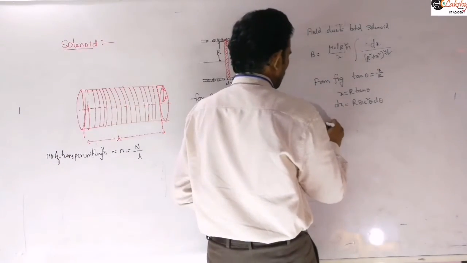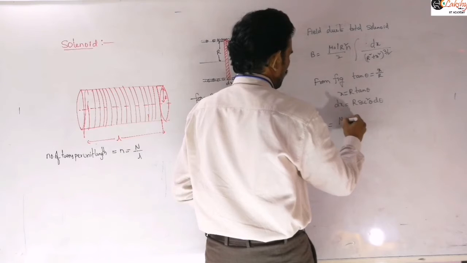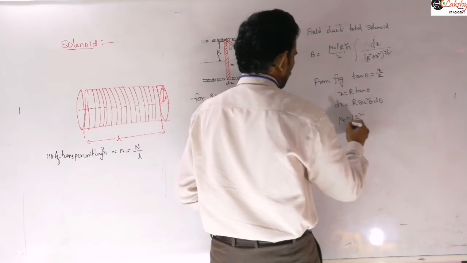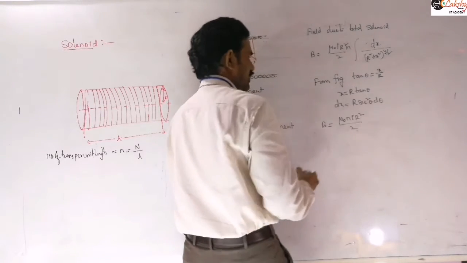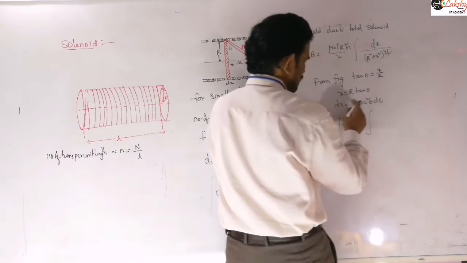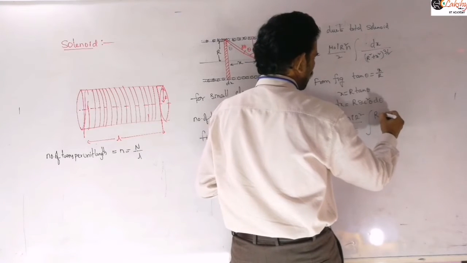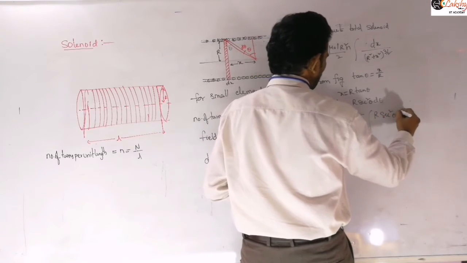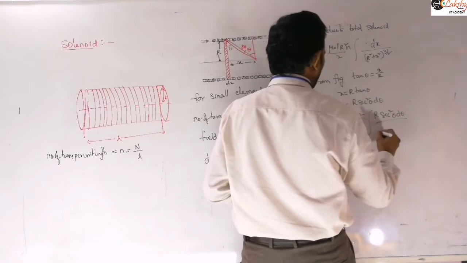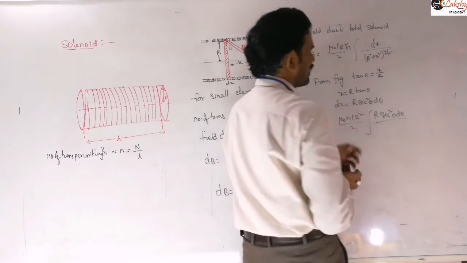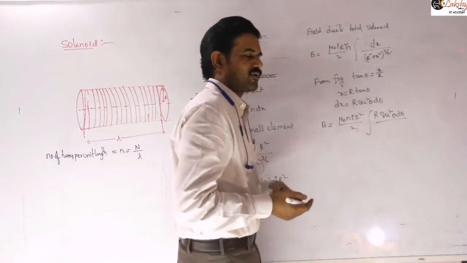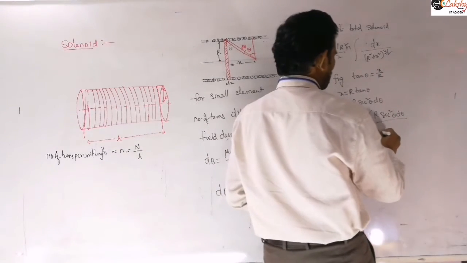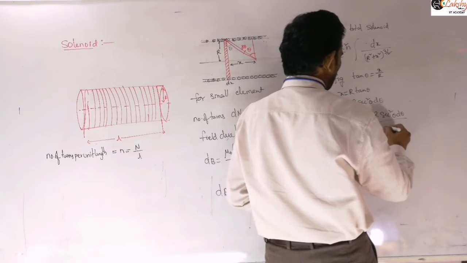Therefore B is equal to mu naught n i r square by 2 into dx. In the numerator, the dx value is r secant square theta d theta, by r square plus x square whole power 3 by 2. Here x is equal to r tan theta, so taking r square common, we get r cube.